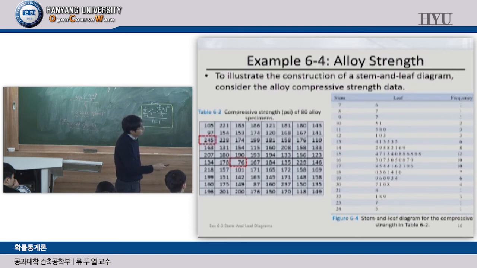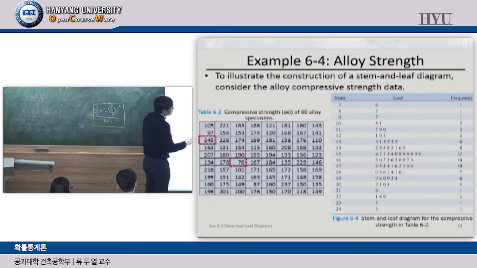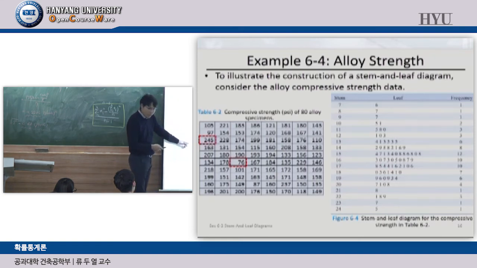We can also provide the frequency, that is, the number of data points included in each stem. For example, for the stem 7, we have only one value, 76, so the frequency is 1. For the stem 10, we have two values, 105 and 101, so the frequency is 2.